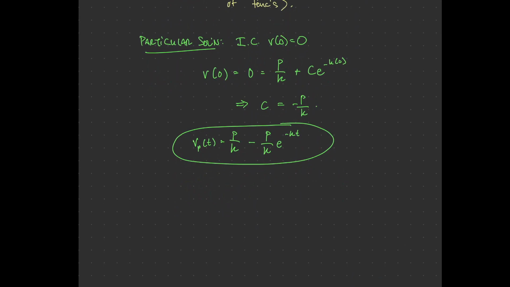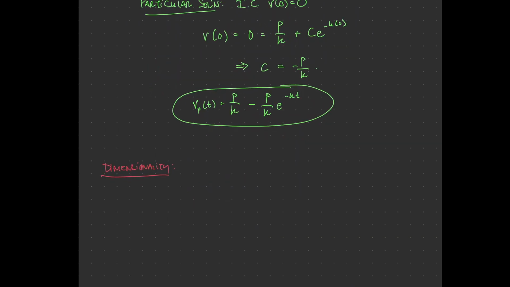Okay, and a quick note to follow up on the dimensionality that we discussed, which is that P, this propulsive piece, what were the units? It was the units of acceleration, which was L t to the minus 2.